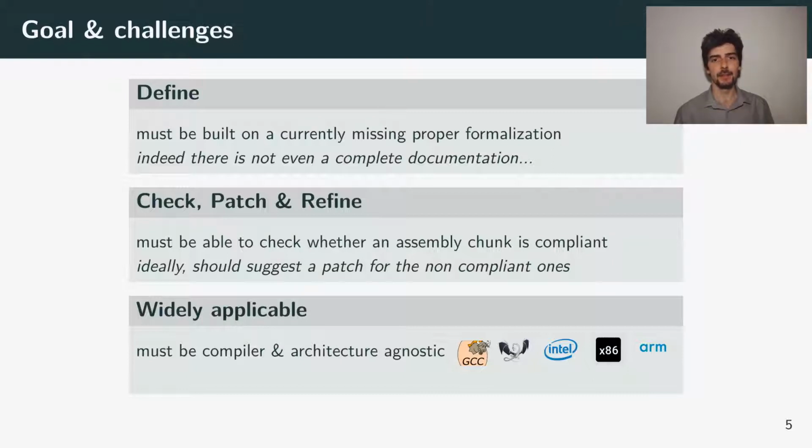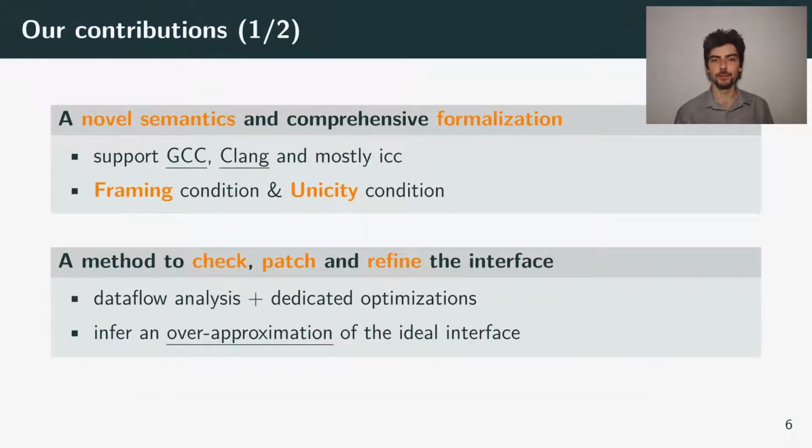In the end, we claim the following contributions. We propose a novel semantics and comprehensive formalization of the problem of interface compliance, such that it's amenable to formal verification. We provide a method based on data flow analysis to automatically check the interface compliance and, furthermore, patch the non-compliant chunks.